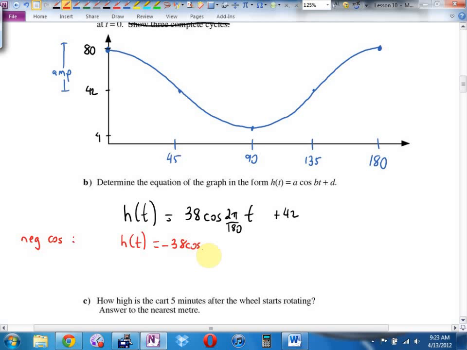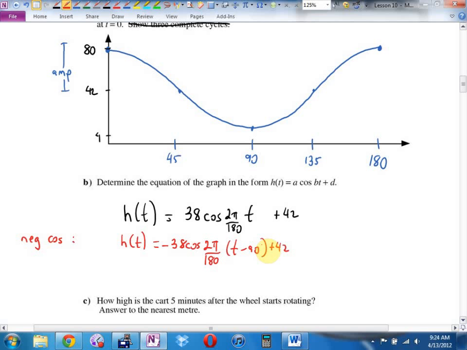Nope. Would the period change? Nope. You know what would change? My phase shift. Where would negative cos start? At the bottom. Oh, t minus 90. I'd accept that. I'd look at you kind of silly and say, why wouldn't you pick the easiest answer? But I'd accept that. Same equation.